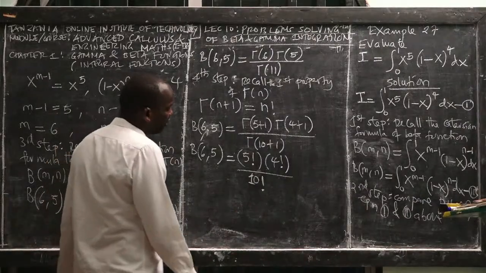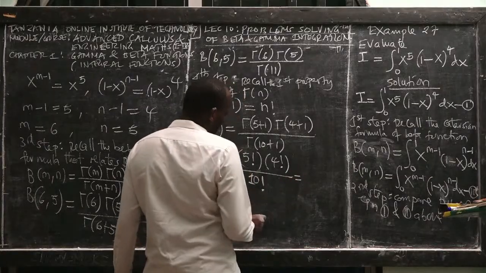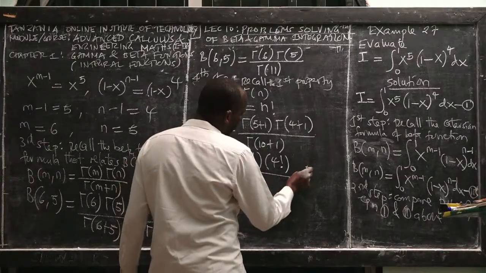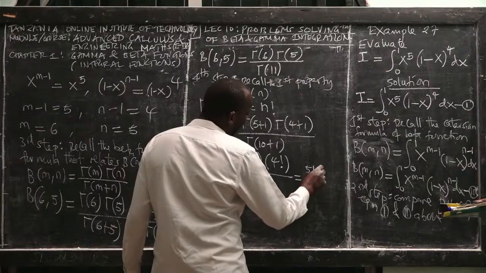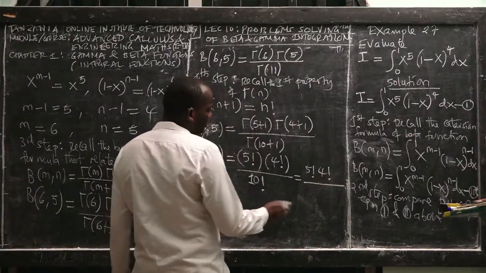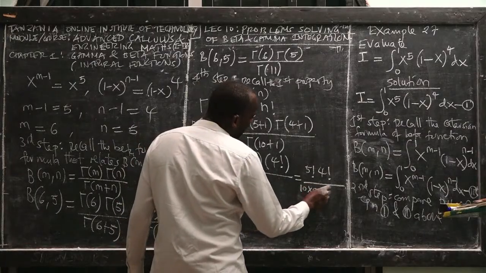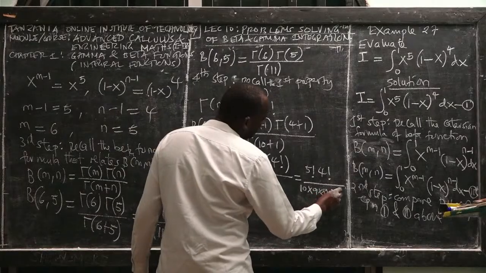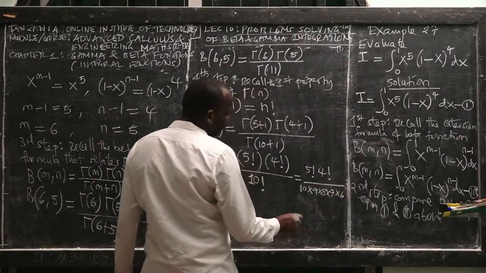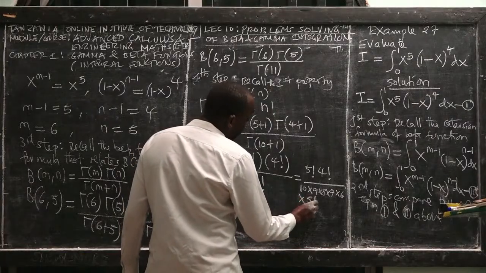What is the simplification behind it? Here it is 5 factorial, then we have 4 factorial. Then in the denominator we have 10 multiplied by 9, multiplied by 8, multiplied by 7, multiplied by 6, multiplied by 5 factorial.